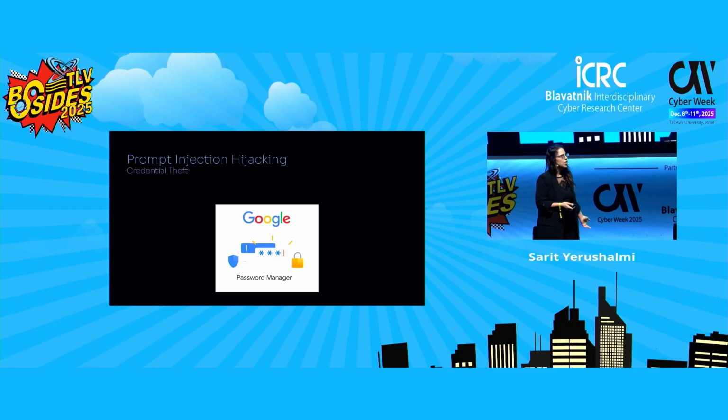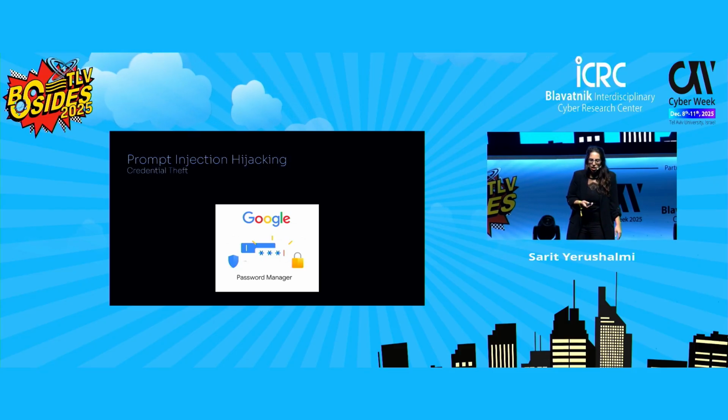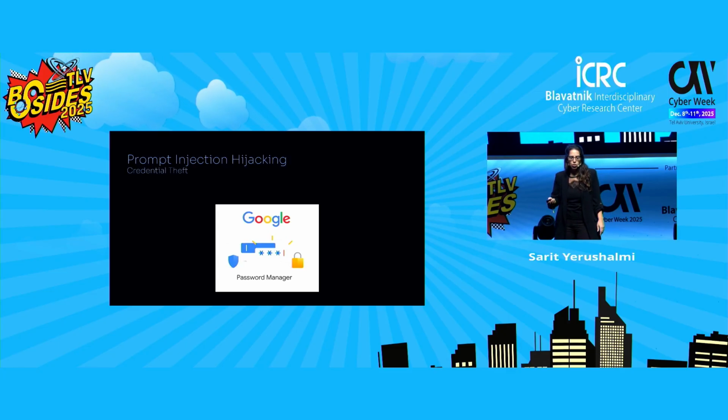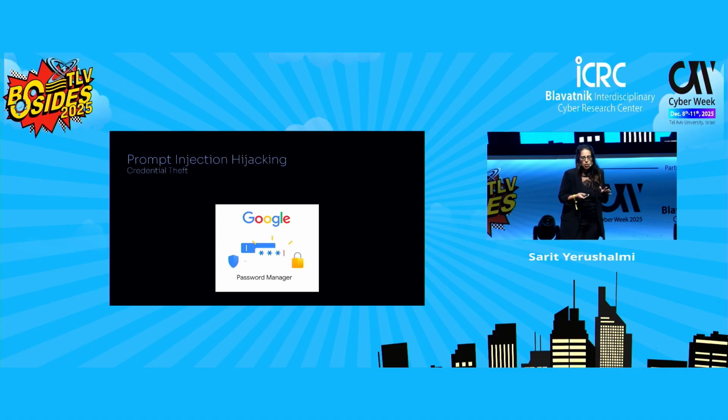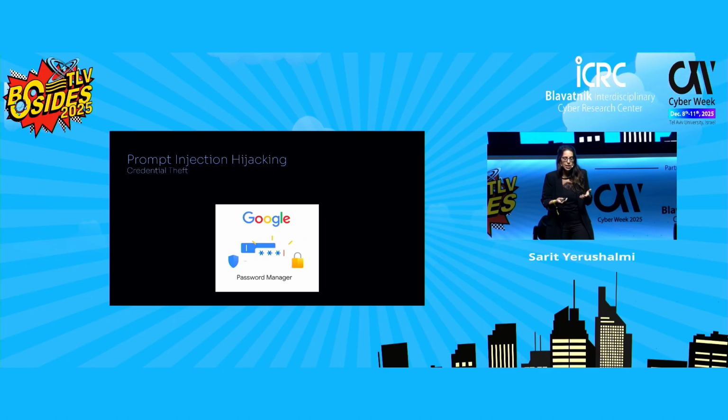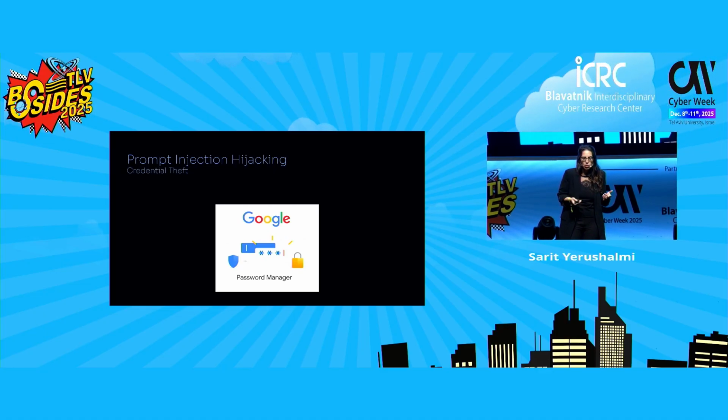So if the agent is already hijacked, it can reach a page where the browser controls and autofills it, and by that the attacker will be able to capture them. This creates a very serious risk because the agent is using your real browser session, so it can steal your passwords.